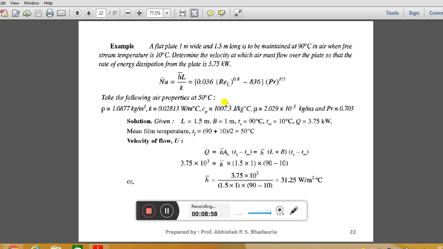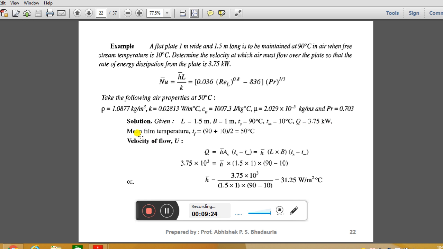The width is 1 meter. The surface temperature: this plate is maintained at 90 degrees centigrade, so 90 degrees centigrade is the surface temperature. And then the ambient temperature is 10 degrees centigrade, and the heat dissipation is given as 3.75 kilowatt.